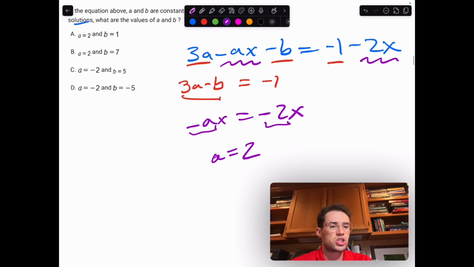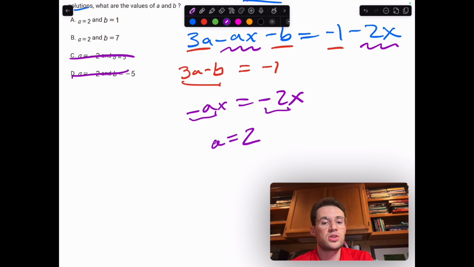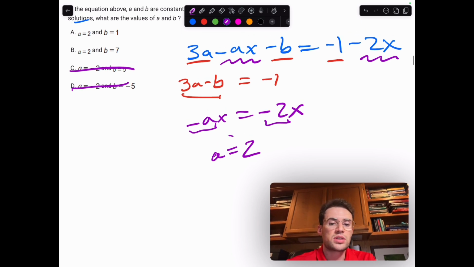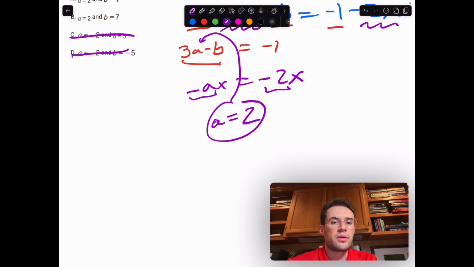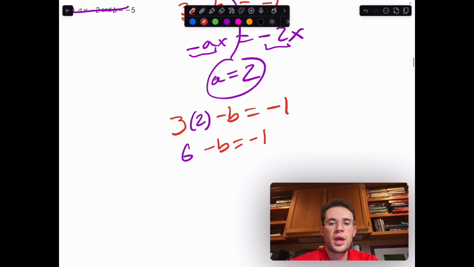So a has to be 2, so we can cross out C and D. Negative a equals negative 2, that means a equals 2. And now using this 2, we can plug that into 3a minus b equals negative 1, and we get that 3 times 2, because that's our value for a, minus b should equal negative 1. 3 times 2 is 6. 6 minus b equals negative 1.